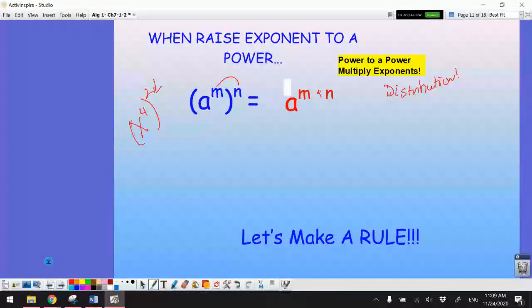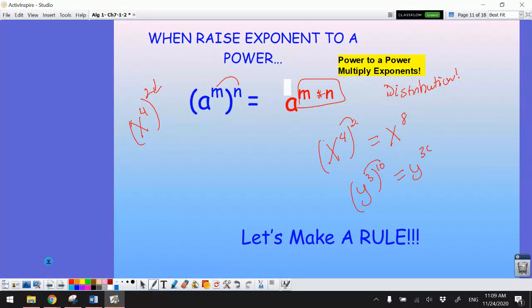So I am going to multiply my powers. So x to the fourth to the second power gives me x to the 8th, 4 times 2 is 8. If I have y to the third to the 10th power, I am going to multiply 3 times 10. So that is y to the 30th.